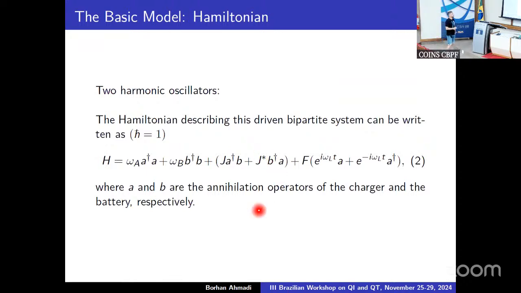The basic model I'm talking about is two harmonic oscillators. One is a charger, the second one is a battery. There is a coherent interaction between them, and a laser field on the charger. A is the annihilation operator of the charger, and B is the annihilation operator of the battery.